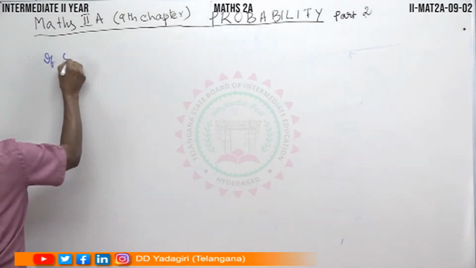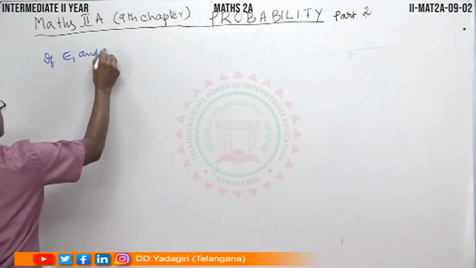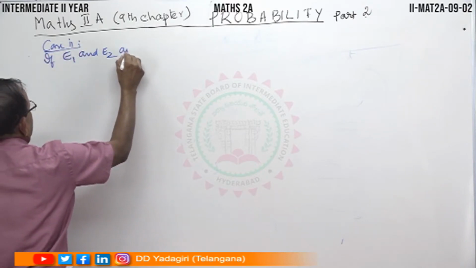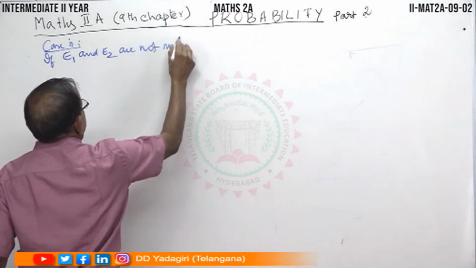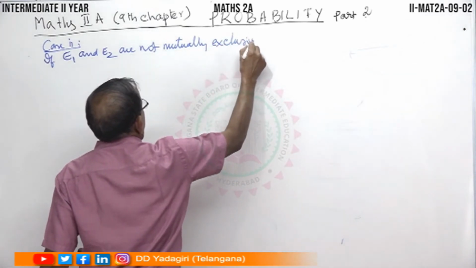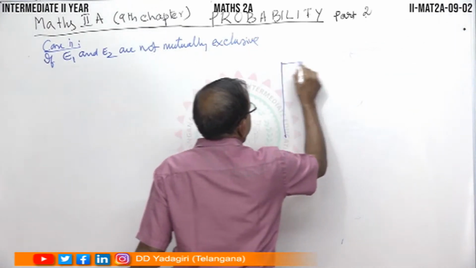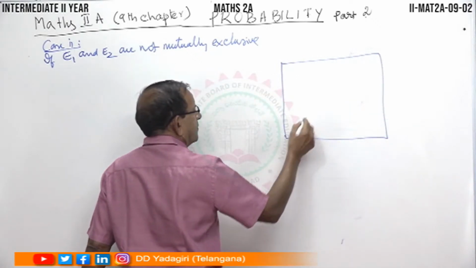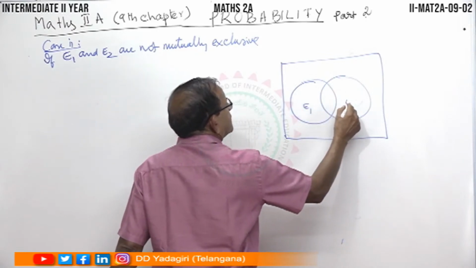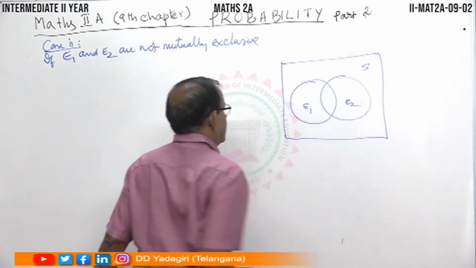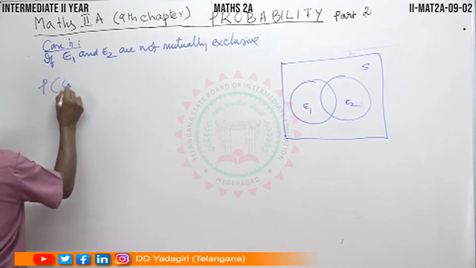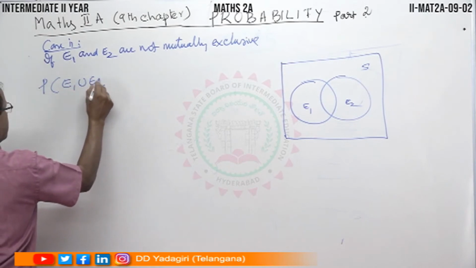If E1 and E2, this is case 2, are not mutually exclusive. Now I will draw the diagram. The first one is E1, this is E2. Now we have to write P of E1 union E2.